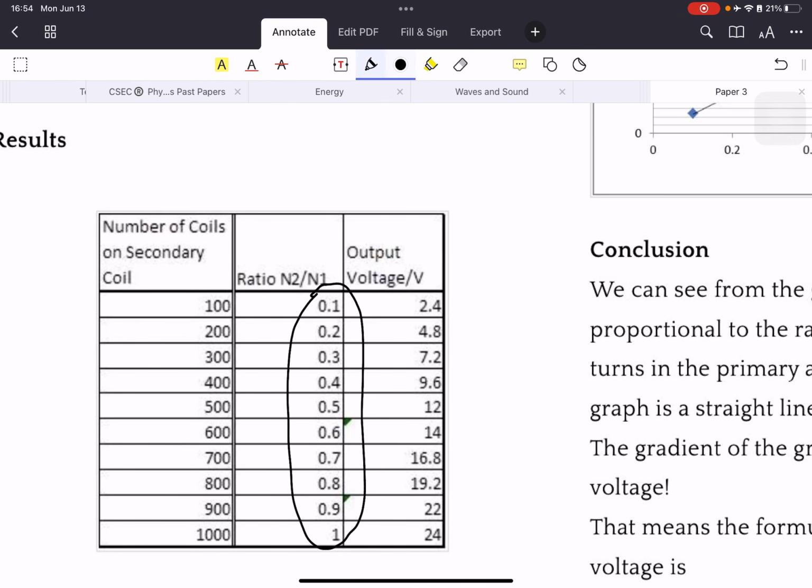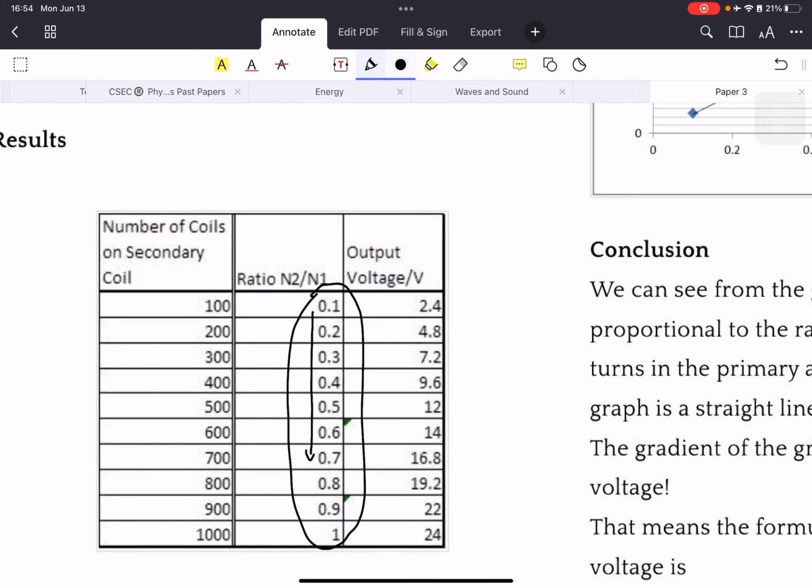And then you would be able to measure the voltage on your voltmeter, your theoretical voltmeter, and you will get different values. What you notice here is the voltage is increasing. Look, it's going from 2.4 to 4.8, and it keeps increasing as the ratio keeps increasing, from 0.1 to 0.2 to 0.3 to 0.4.